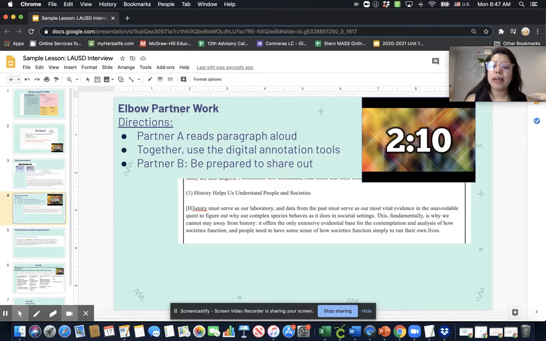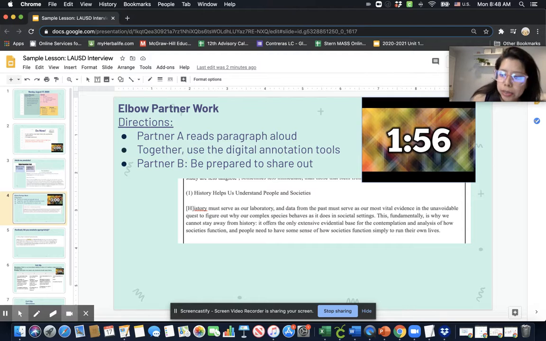Awesome. I'm seeing multiple groups and partners kind of use the word society and bold that. Okay. Evidence, laboratory, those are good words that I'm seeing other groups bold.